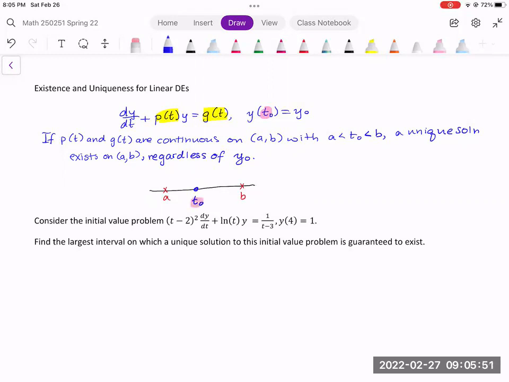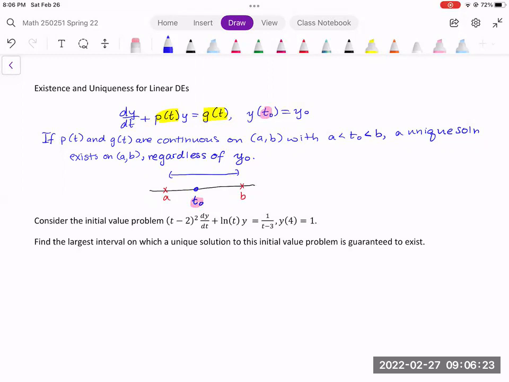And so we're guaranteed a solution exists on this interval. A reminder of why this is true was that we actually were able to build our solution explicitly using integrating factors. And that solution makes sense as long as p and g are continuous. So let's try this out with a couple of examples.